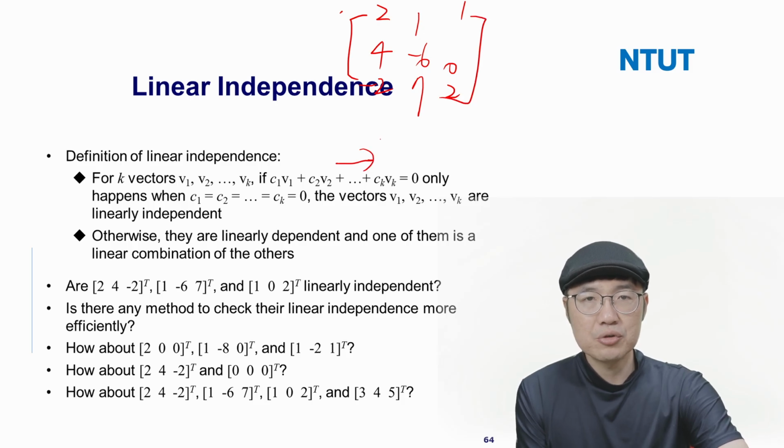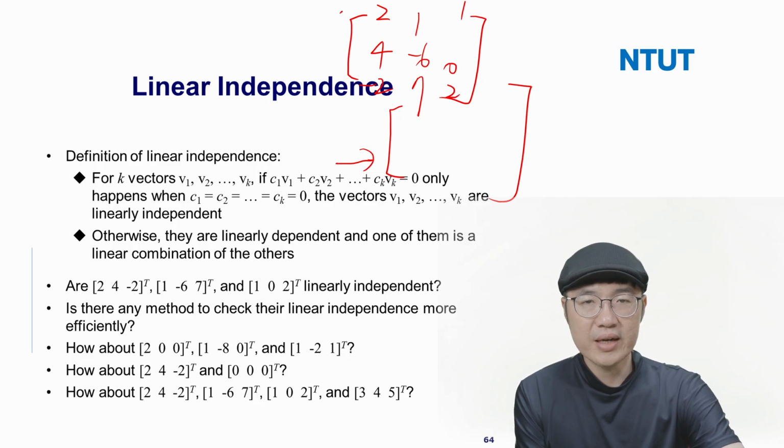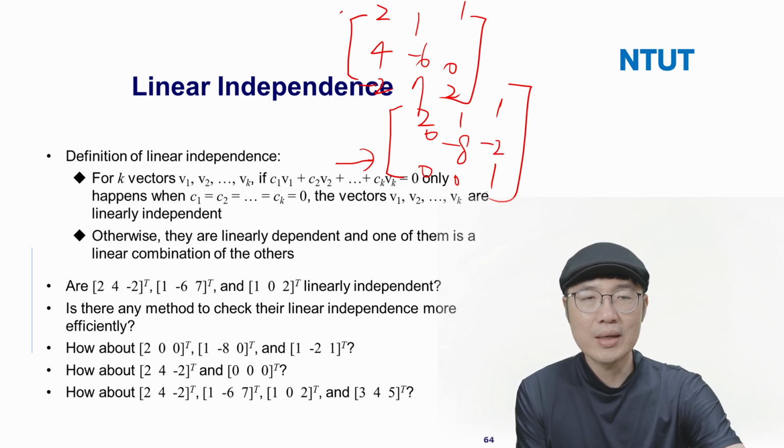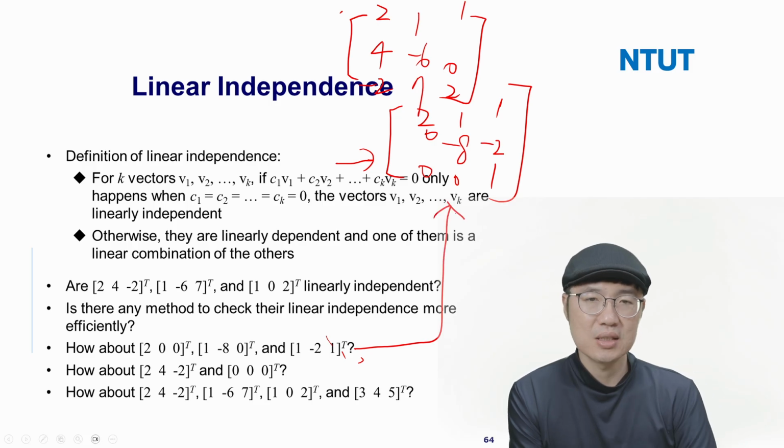By performing Gaussian elimination, we can see whether they are independent, and in this case, they are: (2, 0, 0), (1, -8, 0), and (1, -2, 1). I know that because I selected this purposely.